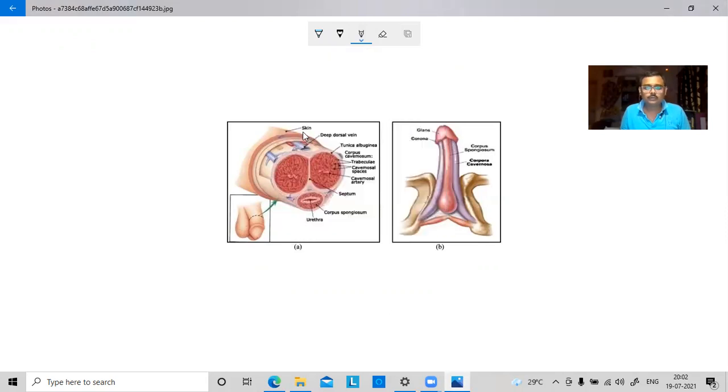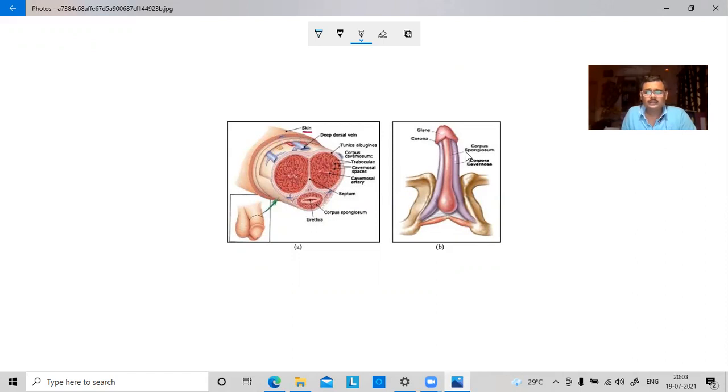Now, this is the skin which is covering the body of the penis, and the skin is continuous with the anterior abdominal wall. Also, on the inferior aspect, it is continuous with the scrotum. It is loose and doesn't adhere to the underlying deep fascia.